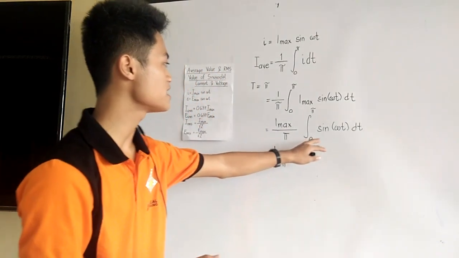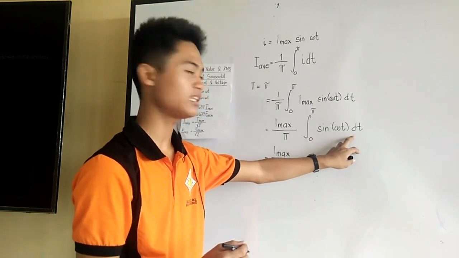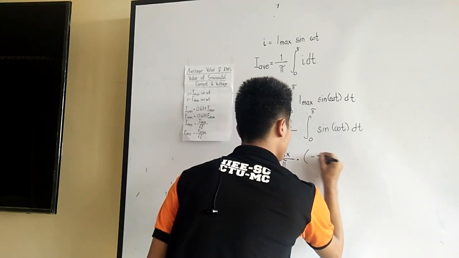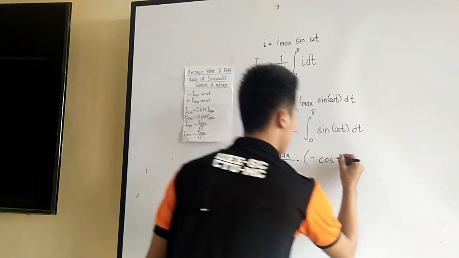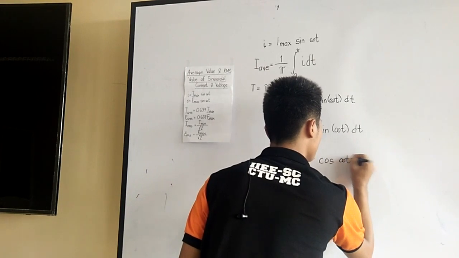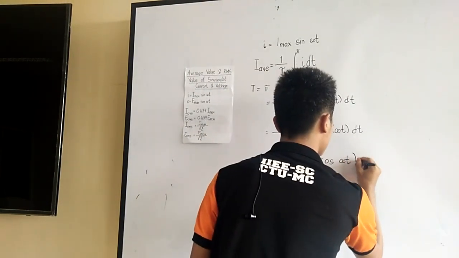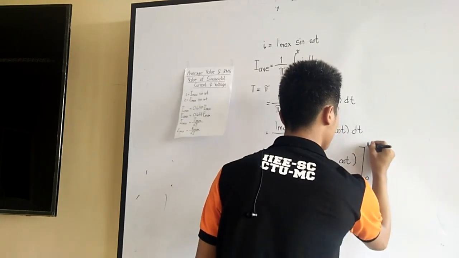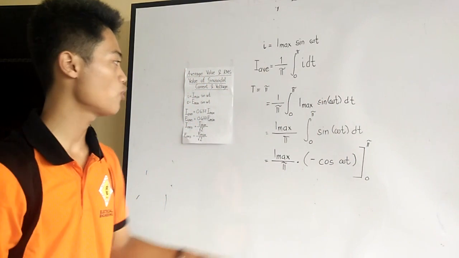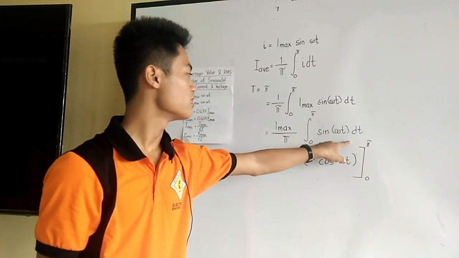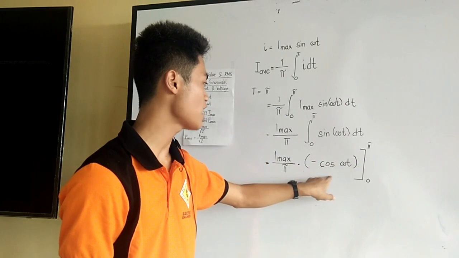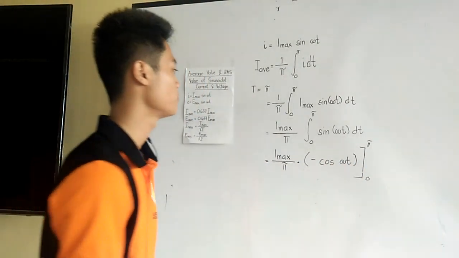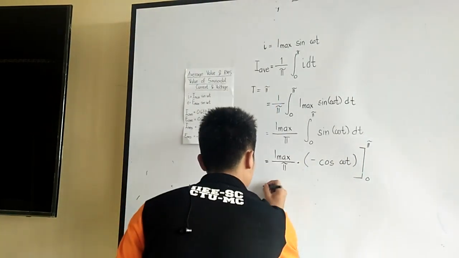The integral of sine omega t dt is equal to negative cosine of omega t from the limits of 0 to pi. The equivalent is negative cosine omega t plus C, but that C is a constant term which is neglected. So here we can manipulate it.